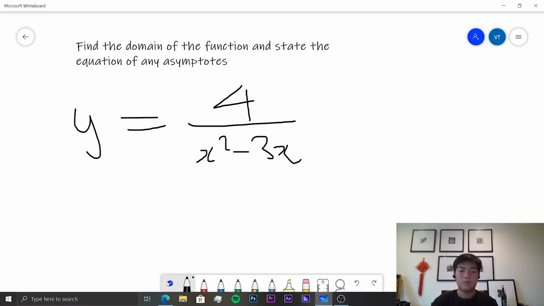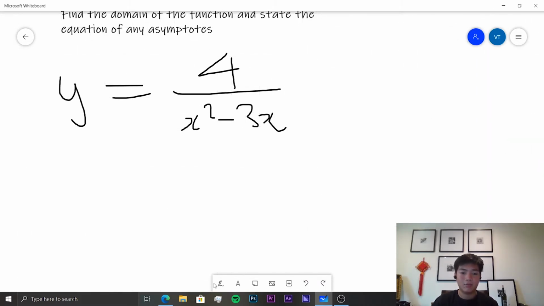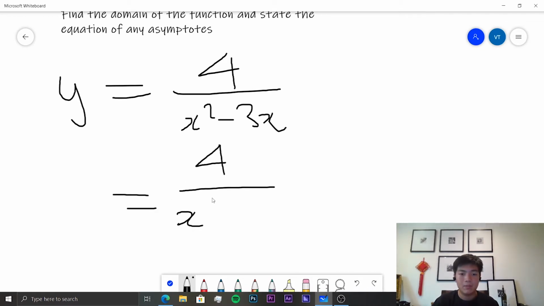To find the domain of this function, we need to factor x squared minus 3x. Whenever the denominator is 0, the domain will exclude that value. So x squared minus 3x is equal to x times x minus 3.